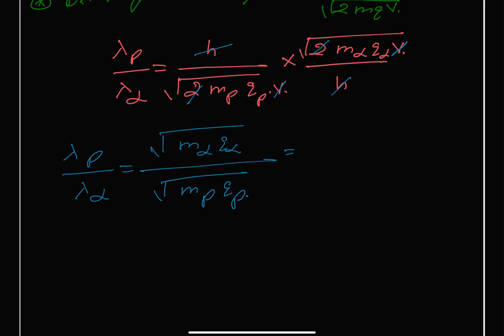So this is equal to 4 times mass of proton and 2 times the charge on proton, divided by mass of proton multiplied by charge on proton, all under the square root.